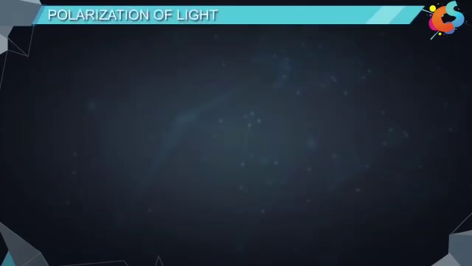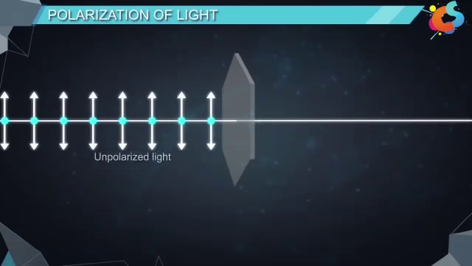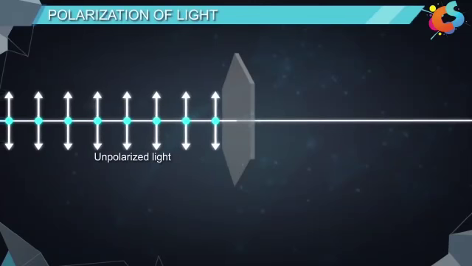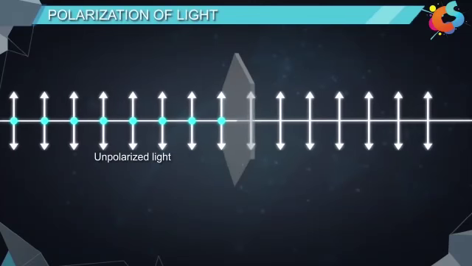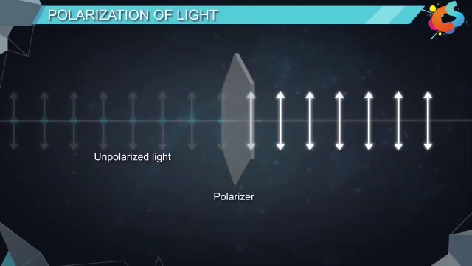Polarization of light. When an unpolarized light is allowed to pass through a Polaroid, let's call it a polarizer, out of all the vibrations of light, only those vibrations pass through the crystal which are parallel to the crystallographic axis.